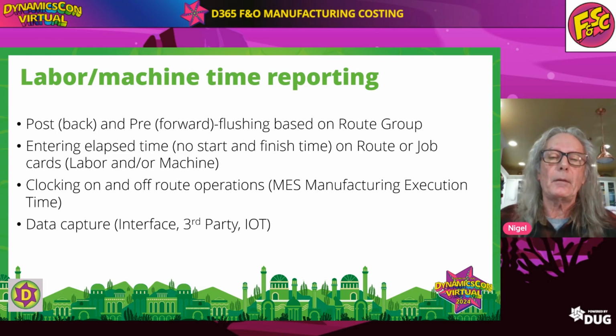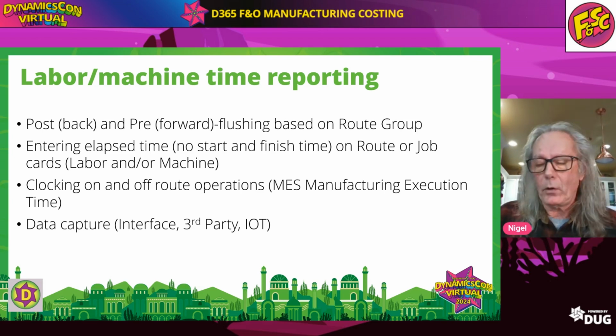Or you can use the manufacturing execution system in Dynamics to actually clock on and clock off. So I'm starting on this operation, I'm finished on this operation. And finally, you could be using Internet of Things with an interface. And Dynamics does provide a stub for doing that and actually capture those log on and log off times, especially for the machine itself.